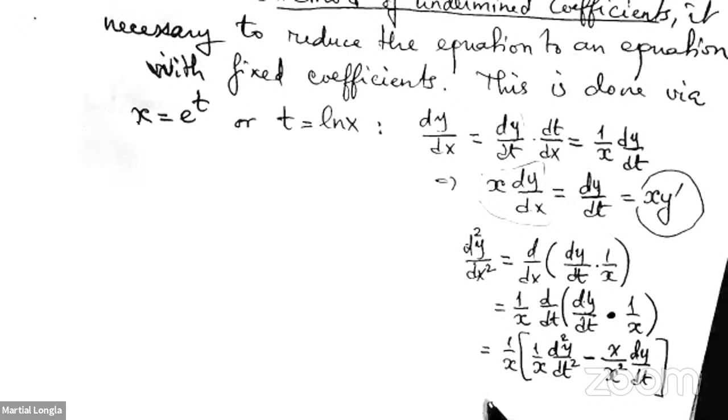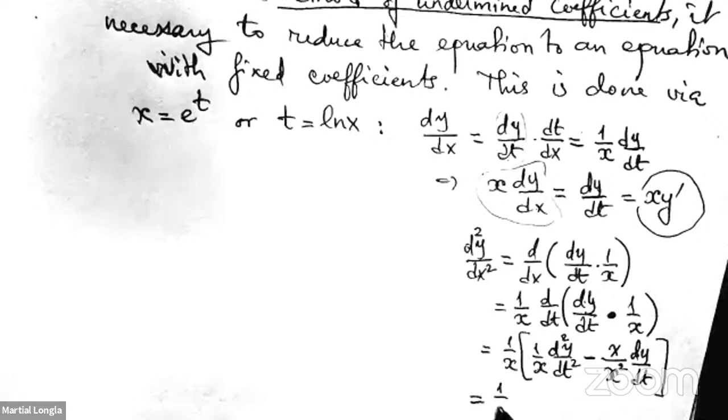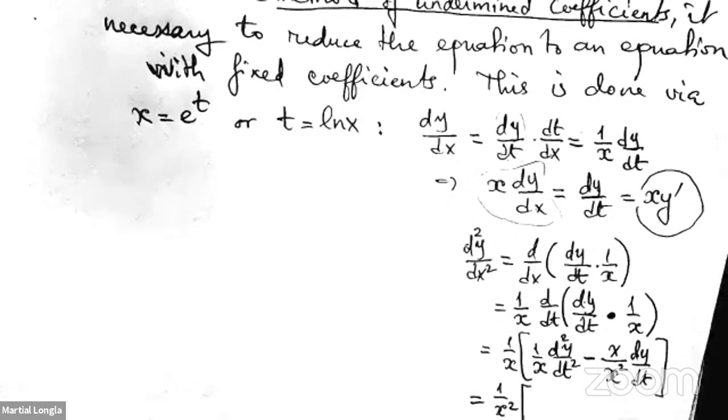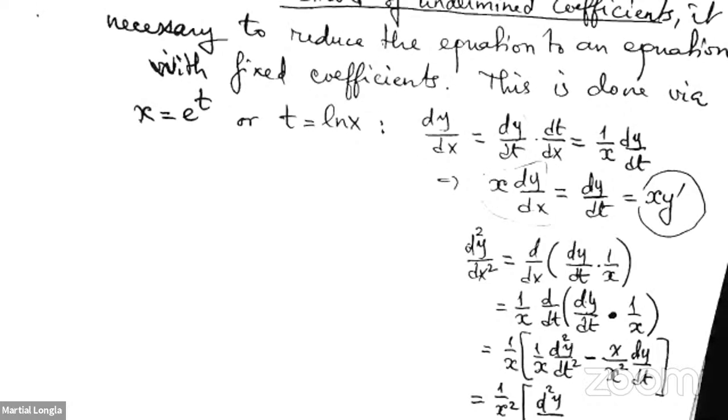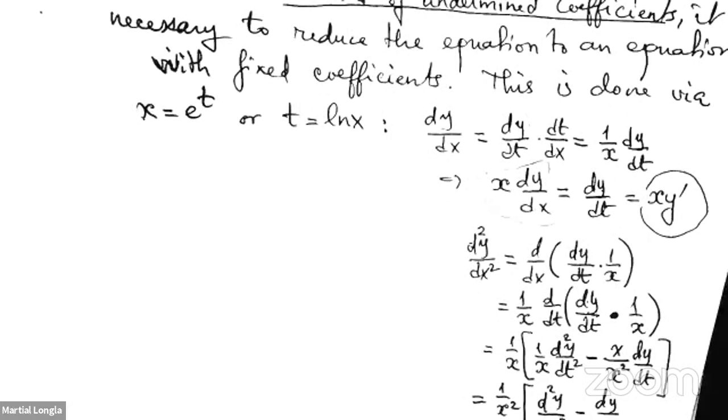And so when you do this, what you obtain is 1 over x squared. This can come out, times d2y over dt squared minus dy over dt.